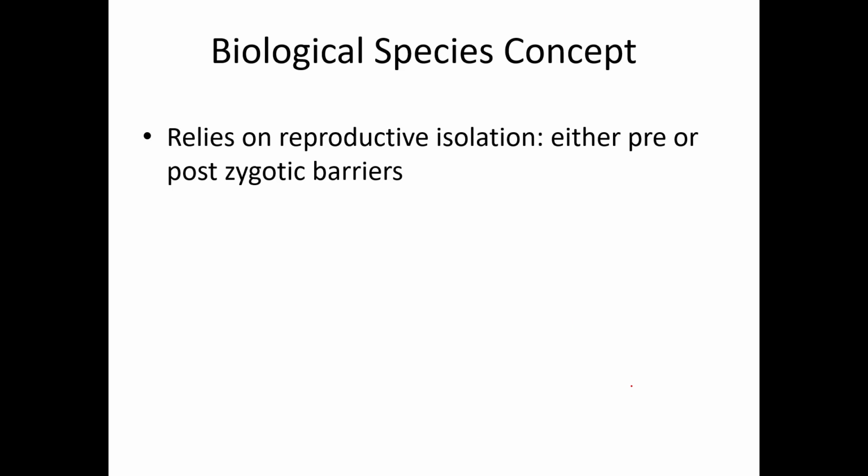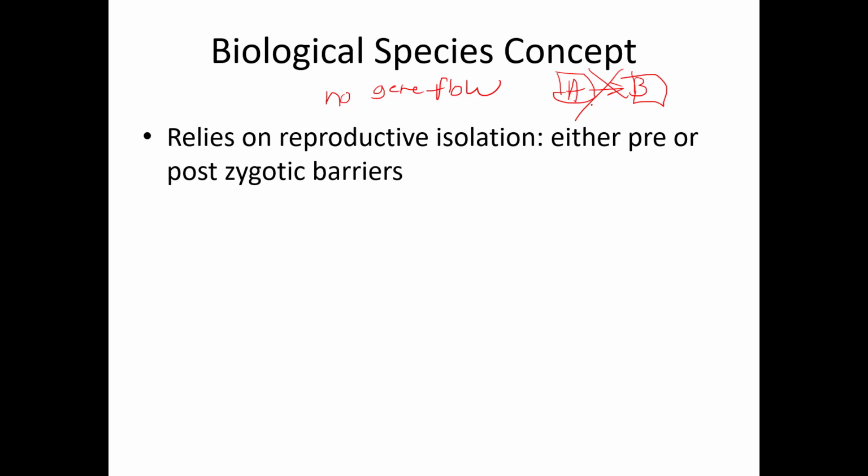So one thing I want to point out is that the biological species concept relies on reproductive isolation in its definition, meaning no gene flow. That should be a term you know. So if organism A cannot share genes with organism B, then they are different species. If there's no gene flow possible between these two organisms, they are different species.